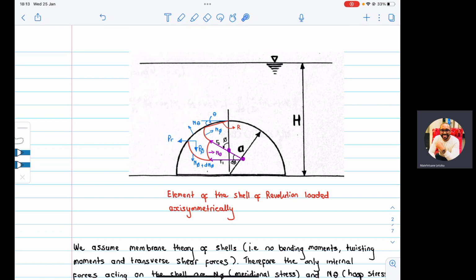We do not consider bending, and also the shear forces, as well as twisting moments. There are no bending, twisting moments, and transverse shear forces acting on the shell. Okay, but of course, if it's not loaded axisymmetrically, it's then a different story, which is quite a bit complicated as well.